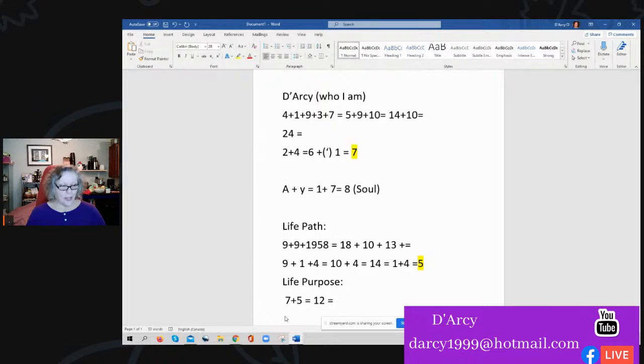Okay, so that is how it works. And then after that, you can go online anywhere, and there are numerology sites everywhere. But what I have done is I've looked up the 7, the 8, the 5, and the 3.